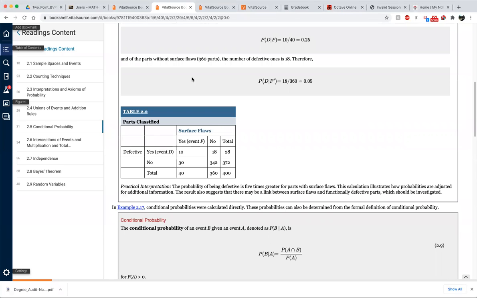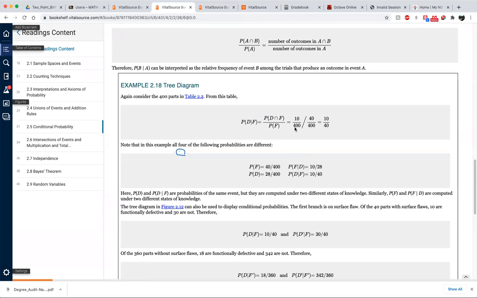You see that? So this many parts are defective and have surface flaws out of 400. So 10 over 400, that's the probability of D intersection F.